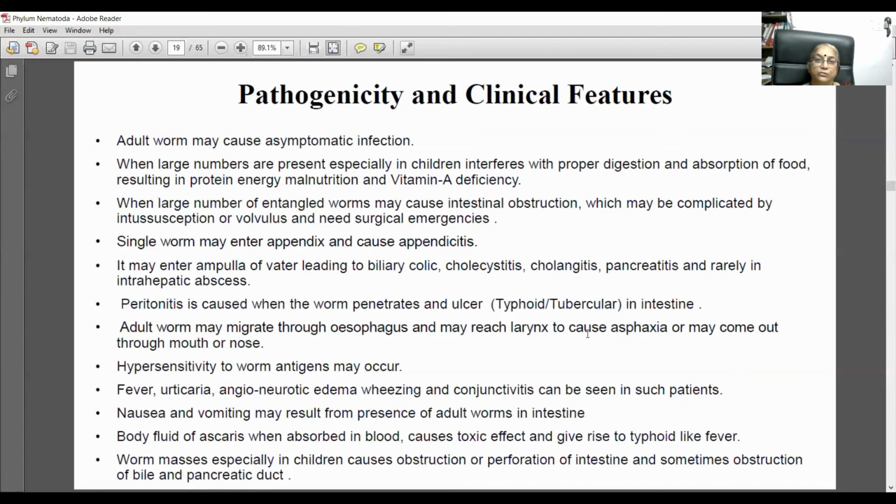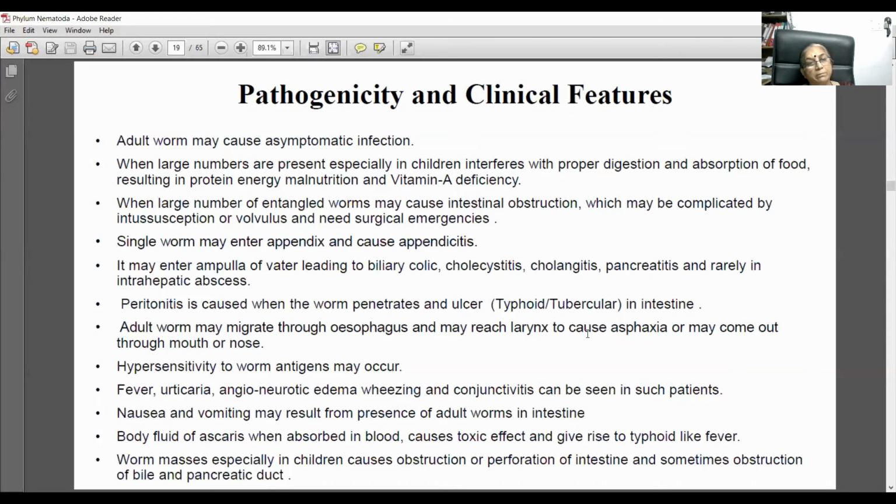Sometimes the person is a patient of tuberculosis, so tubercular ulcers are present in the intestine. So thinning of the intestine has occurred, and as you know that the worms have got the tendency of penetrating the tissues, they will start penetrating, so they will come out of the intestine, and therefore because of it peritonitis occurs.